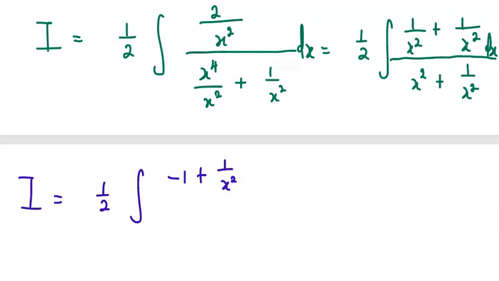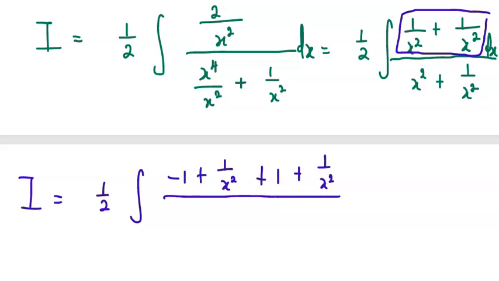But to balance this expression here, we're going to have a positive 1 here, because we all know negative 1 plus 1, that is 0, and therefore we have 1 over x squared. So the numerator remains the same, right? And here we have x squared plus 1 all over x squared.